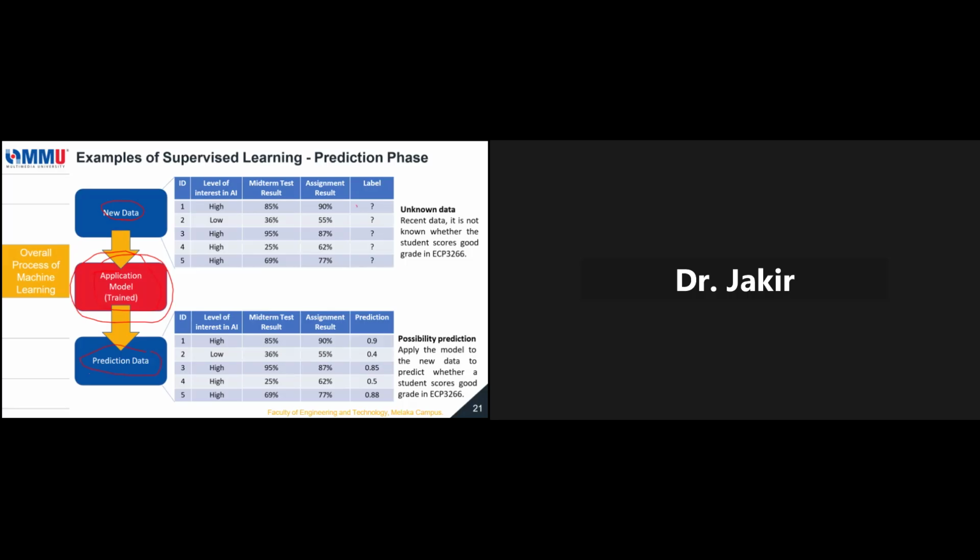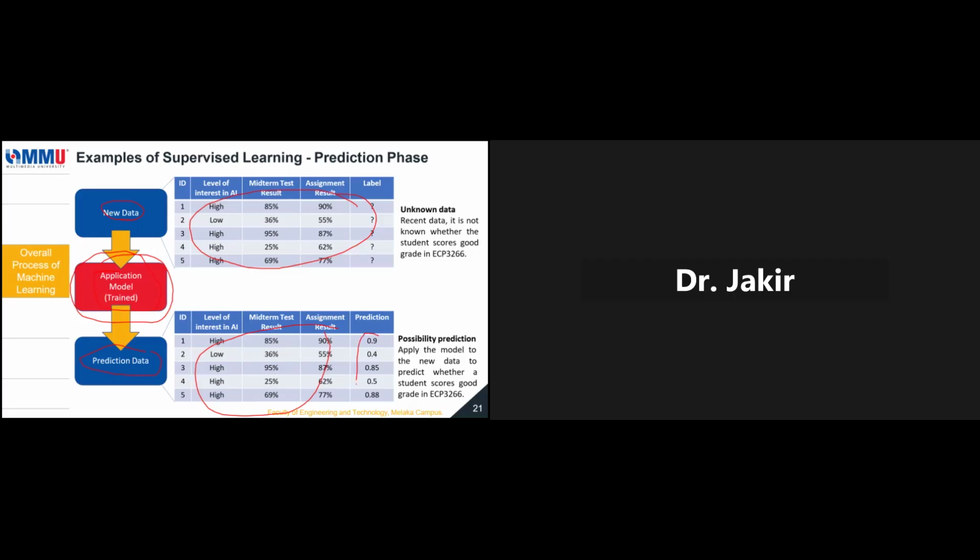Suppose this is the new data, and then we get the prediction here. We are getting predictions in different values. I just told you about data conversion, right? There is a threshold value also. Maybe below 50% it will be no, and more than 50% it will be yes.